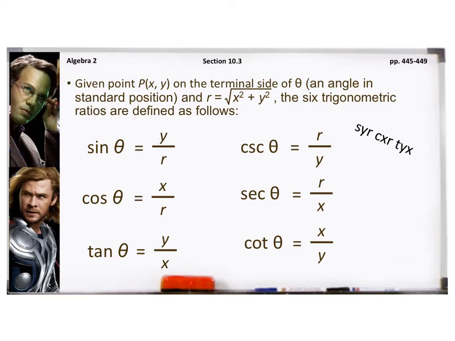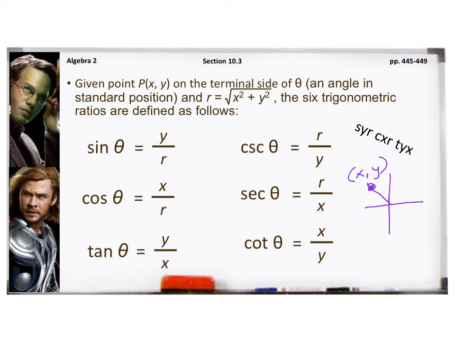Let me do a real quick bit of it here. What we're saying is, let's say I have a terminal side here and I have this point on it. It's going to have an x and a y value.